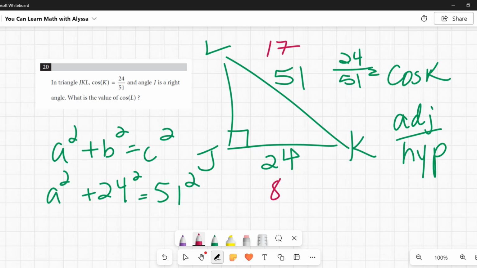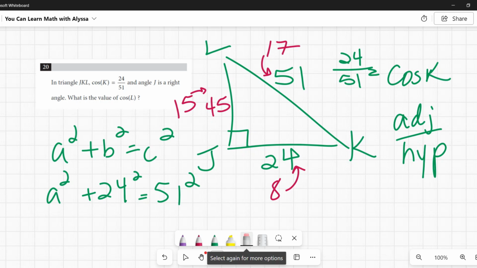Yes, that is one of those triples of 8, 15, and 17. Which would mean, since this is 17 times 3, 8 times 3, then this side would be 15 times 3, or 45. That shortcut is a little extra. If that makes sense to you, you can use it. If you want to just stick with solving using the Pythagorean theorem, totally fine and it will always work as well.